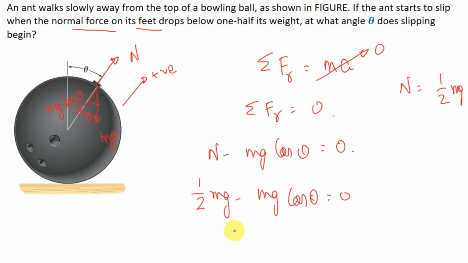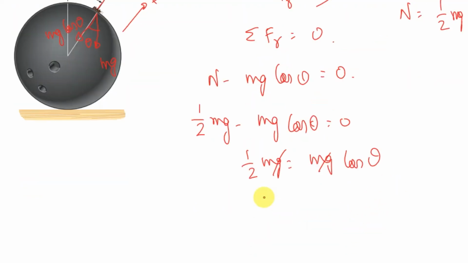Now from here 1/2 mg is equal to mg cosine theta. This mg and mg will cancel, and we'll get that cosine theta is equal to 1/2, and from here theta would be equal to 60 degrees. So this is the required angle theta where the slipping will begin.